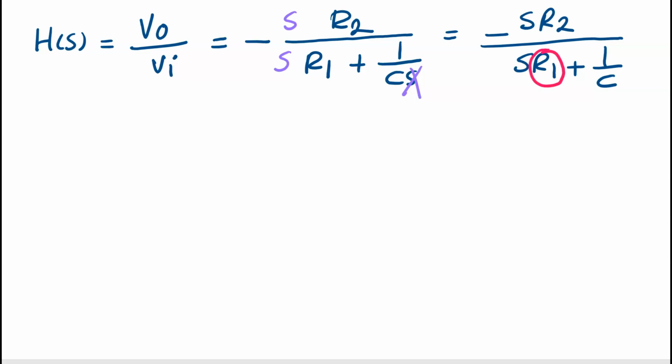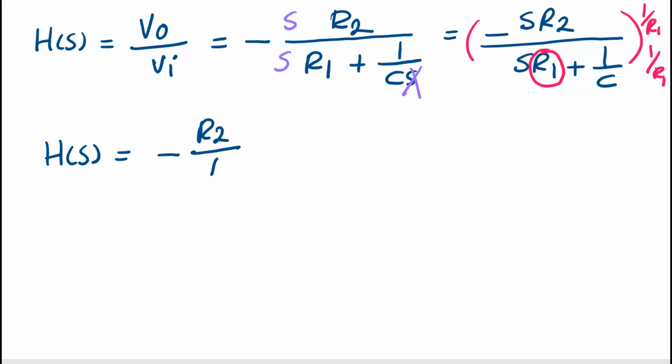So I will multiply everything, in both numerator and denominator, by 1 over R1. So my transfer function will be minus R2 over R1 multiplied by S divided by S plus 1 over R1C.